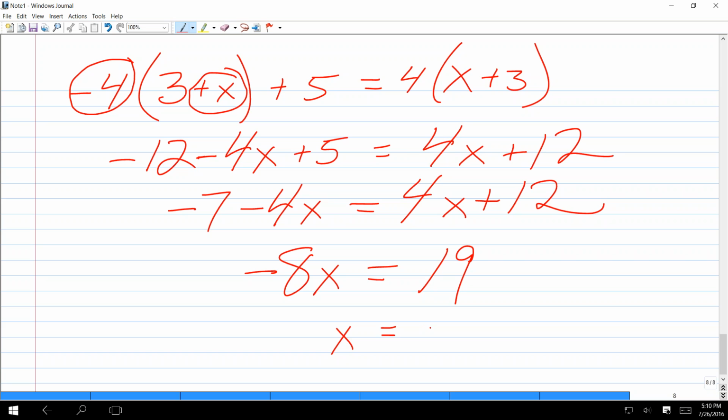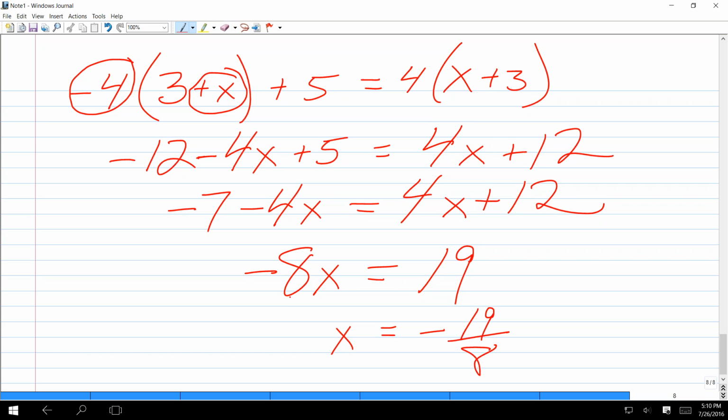Positive or negative? It's going to be a negative. Give it to me in unsimplified form, and then we'll see if we can simplify. Okay, 19/8.